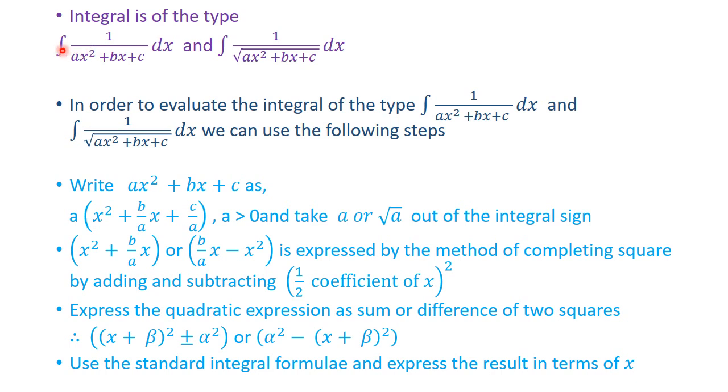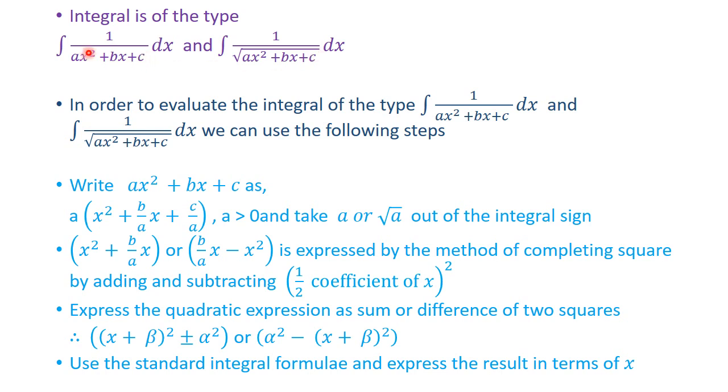Now here you can see there are two types of functions. The function is a quadratic function. It is of the type ax square plus bx plus c. Okay, but here it is not factorable. And here the same type, but it is in root form.